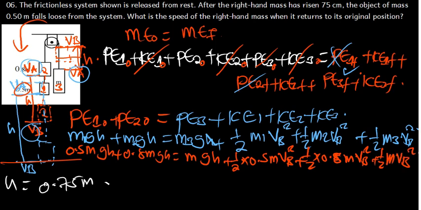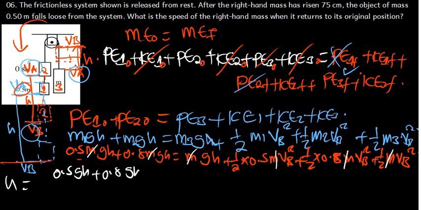Now we can see m everywhere, so we can cancel the m, here and even here, because I don't have a mass. Now let's see what we have. We are going to have 0.5 gh plus 0.8 gh has to be equal to gh plus half, then times 0.